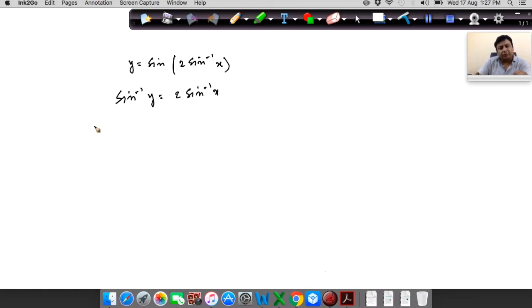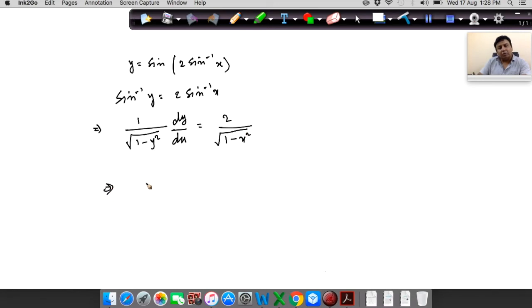Now the whole thing has changed. You have to differentiate both sides. You get under root of 1 minus y square in the denominator into dy by dx, because you are differentiating with respect to x, not y. And this is 2 upon under root 1 minus x square. See what happened.